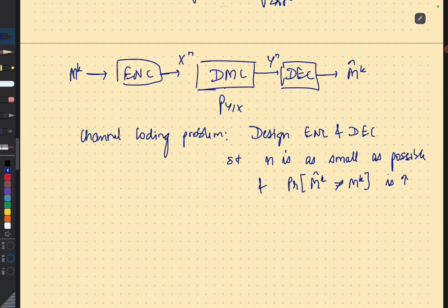So the goal is to design this encoder and decoder such that you make as few uses of the channel as possible, and the probability of error is as small as possible.